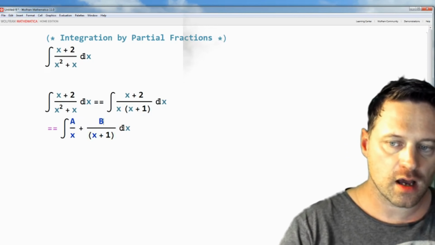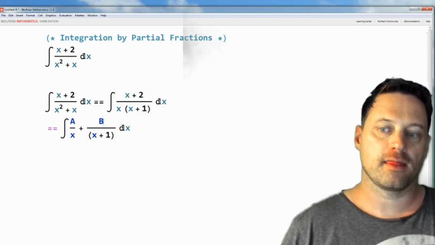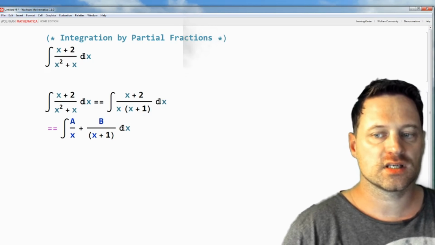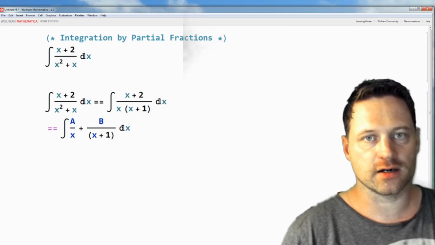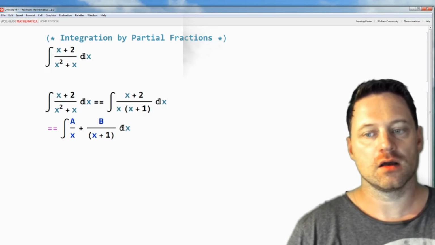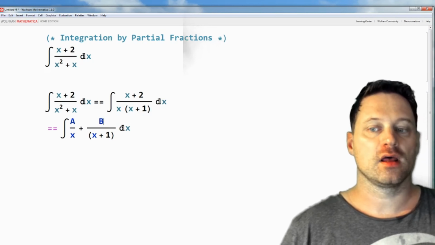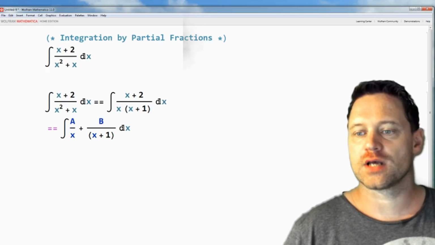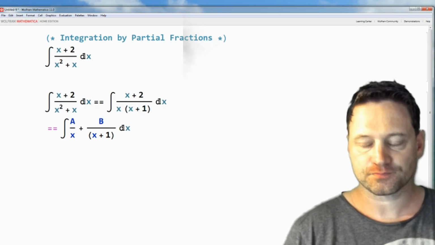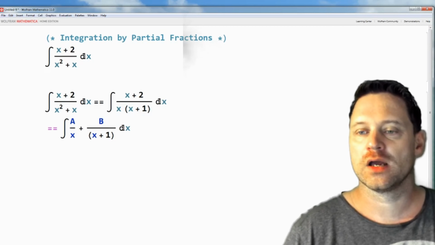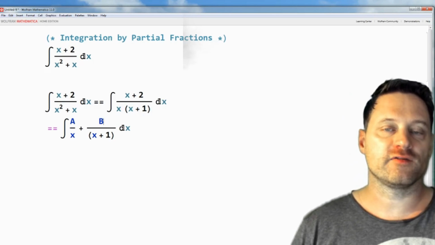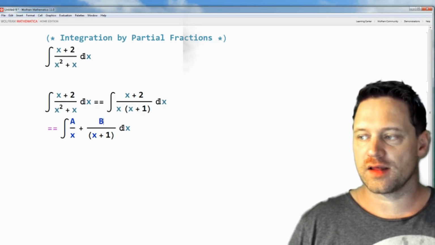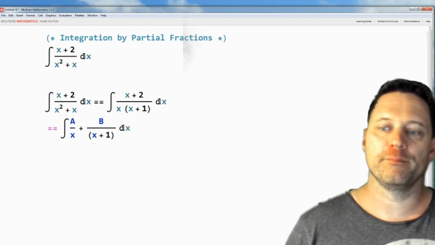Now look, if you were to add those two fractions together, you would have to get a common denominator, and that common denominator would be x times (x plus 1). Under that assumption, you are now seeking functions of x, A and B. Alright, so that is what you must do now.